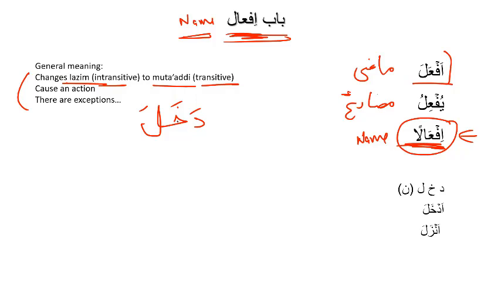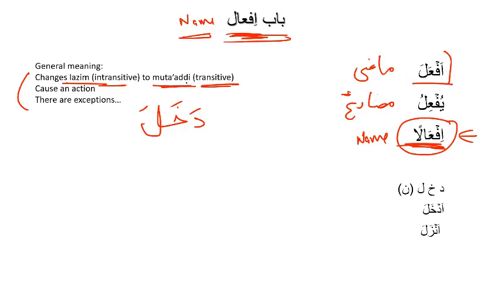If I say I sat down, jalastu, that is communicating that I sat down. This is a fail lazim. It doesn't require an object. Whereas there are other verbs, and this is something we've seen before, which are called fail muta'addi, which require an object. So for example, if I say daraba, he hit, obviously the question will be he hit whom. So that is a fail muta'addi or transitive.